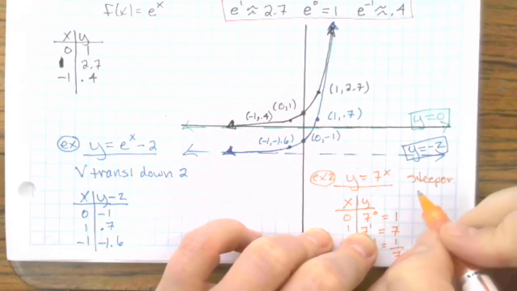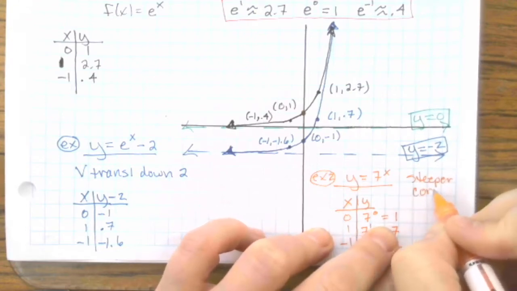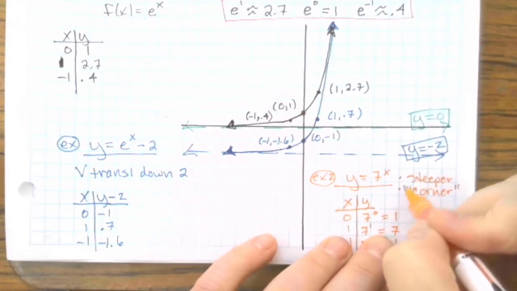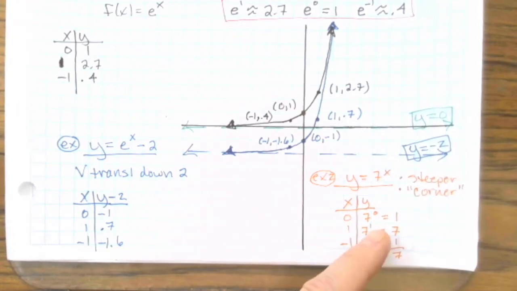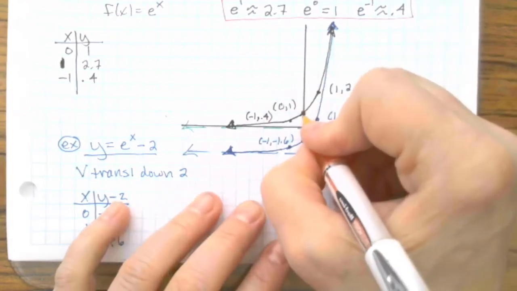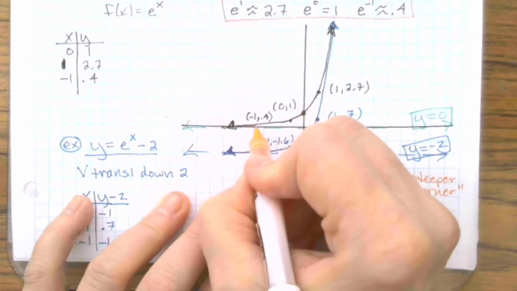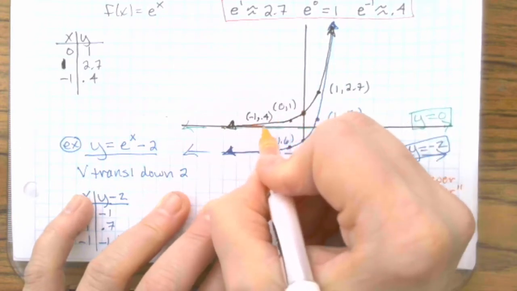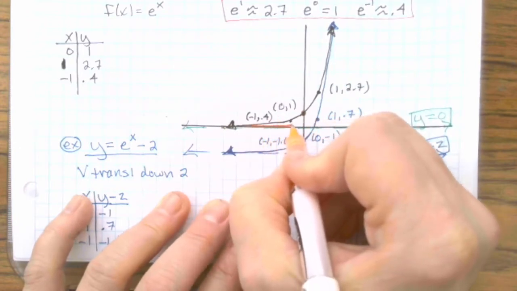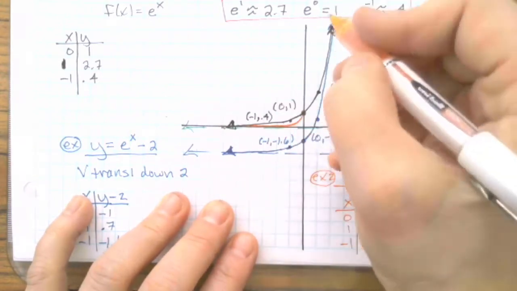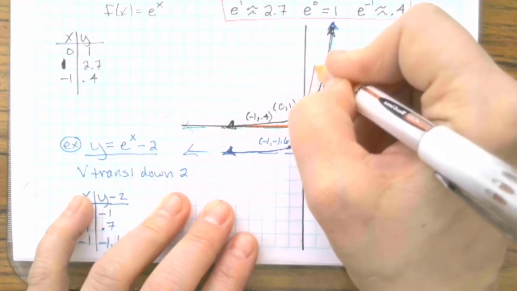Some might even say it looks almost more like a corner than a curve because it's going up so fast. So the 0.01 is still there. That hasn't moved. But because this is a higher base, the curve's going to come up under the e, bend the corner like that, and then it's going to be a lot steeper, faster.